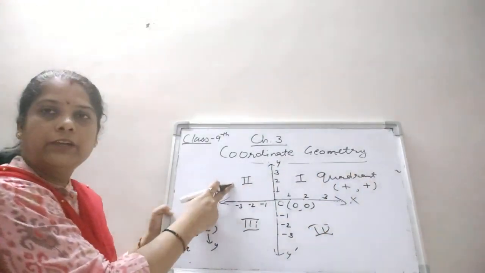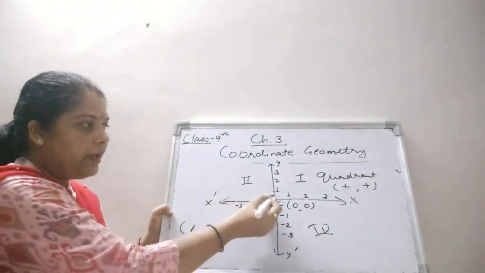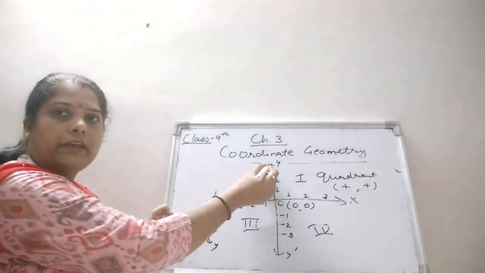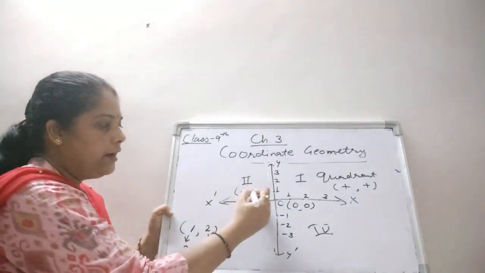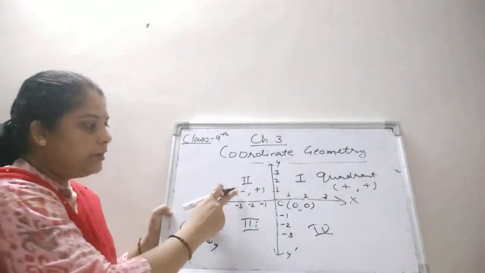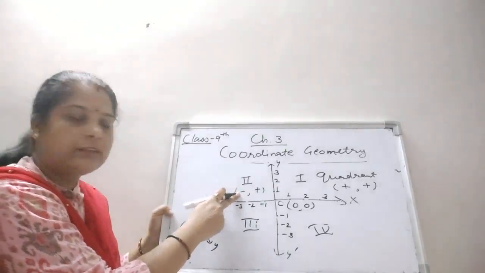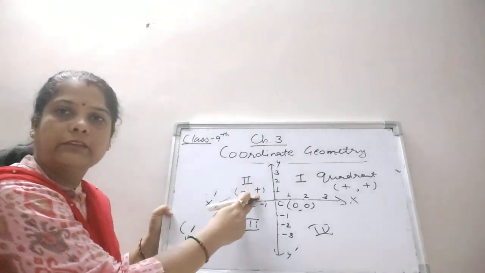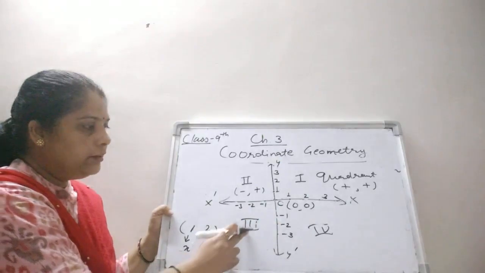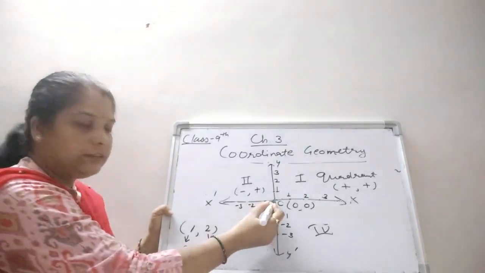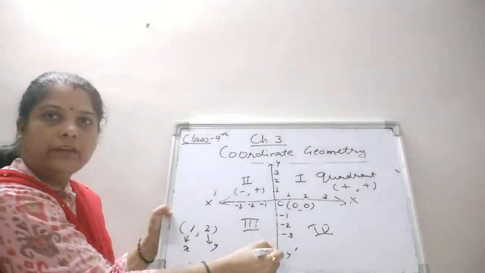Then the sign of the second quadrant: here we have negative x axis and here we have positive y axis. So negative and positive. At the first place, we have to write the sign of the x-axis and then the sign of the y-axis. Now the sign of the third quadrant: negative x and here negative y.